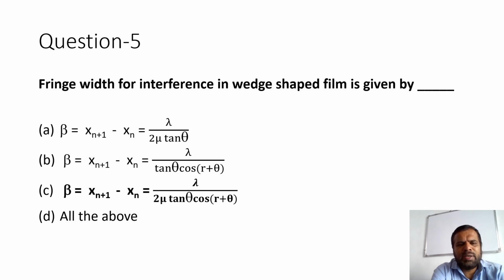Option C, beta is equal to x(n plus 1) minus xn is equal to lambda divided by 2 mu tan theta cos of (r plus theta). Option D, all the above. The correct option is option C, beta is equal to x(n plus 1) minus xn is equal to lambda divided by 2 mu tan theta cos of (r plus theta).